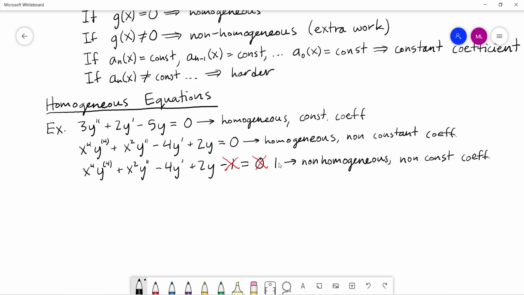But basically, how do we solve these? Well, these are the problems that we're going to focus on first.